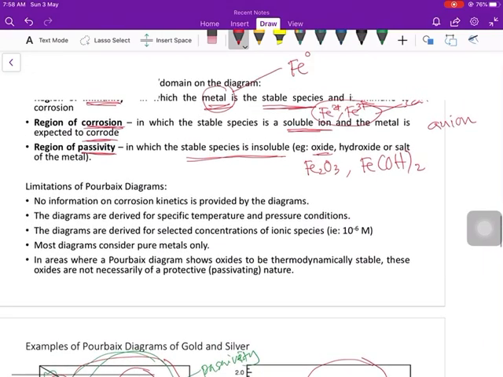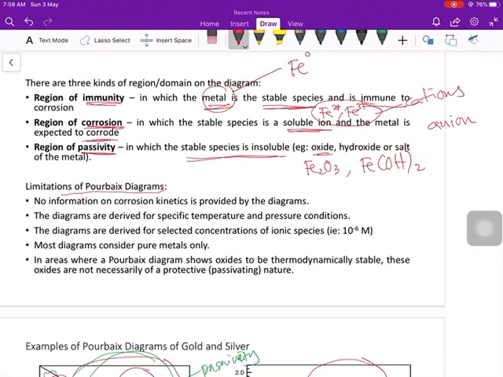Next, the final one, we look at the limitation of this Pourbaix diagram. From this diagram you just predict whether it will corrode, become immune, or become passive, but you do not know about the kinetics. You do not know how fast or how slow the corrosion will take place.